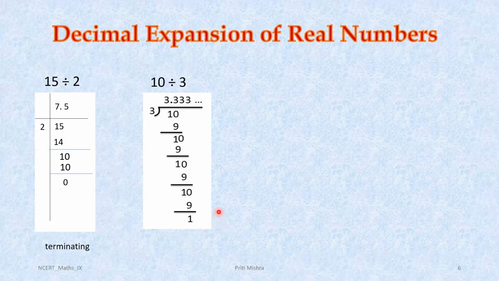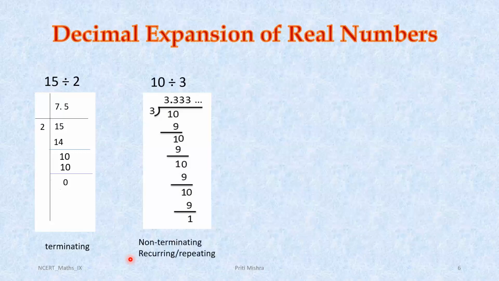So such divisions where we get a fixed number in repetition are known as non-terminating, recurring or repeating decimal expansion. Non-terminating because it is not going to end. Recurring or repeating are similar terms. Recurring means the same number is repeating here.